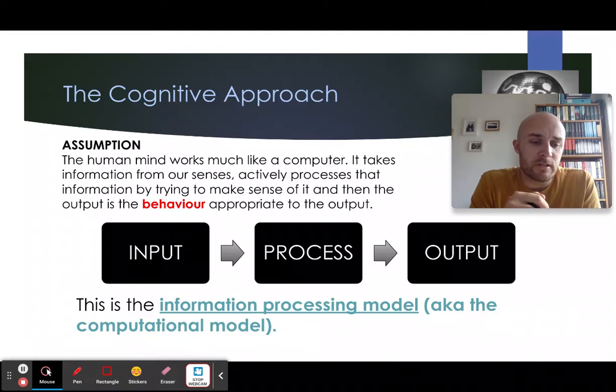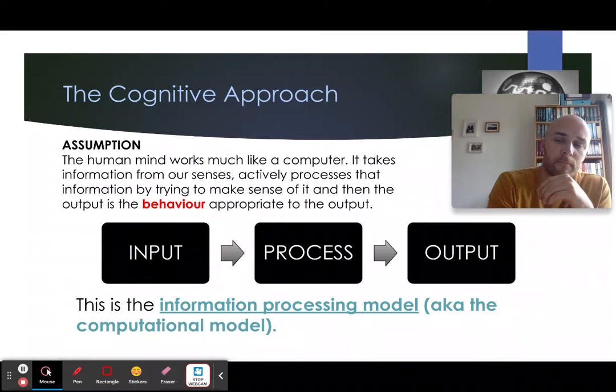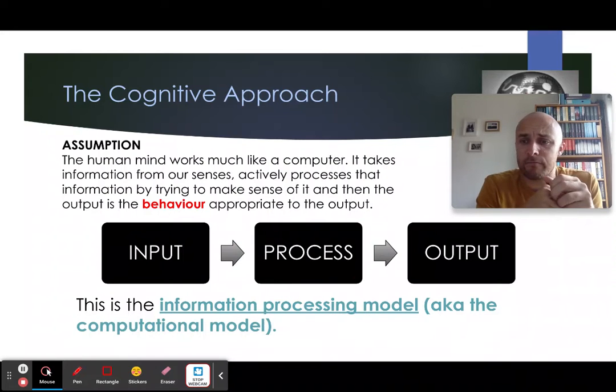The example I use with all my students, and I apologize if you've heard this 100 times, is to imagine you're walking down the road, and someone very, very attractive walks past you and looks you up and down, just a little look. I've given you the same input, but a lot of you are going to process this in very different ways. Some of you may feel self-conscious: why is this really attractive person looking at me?